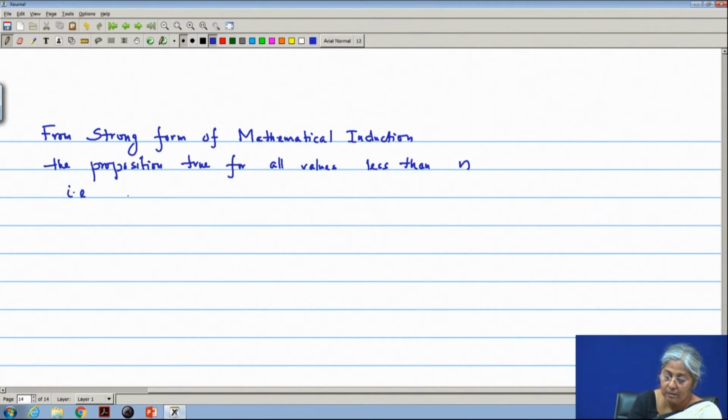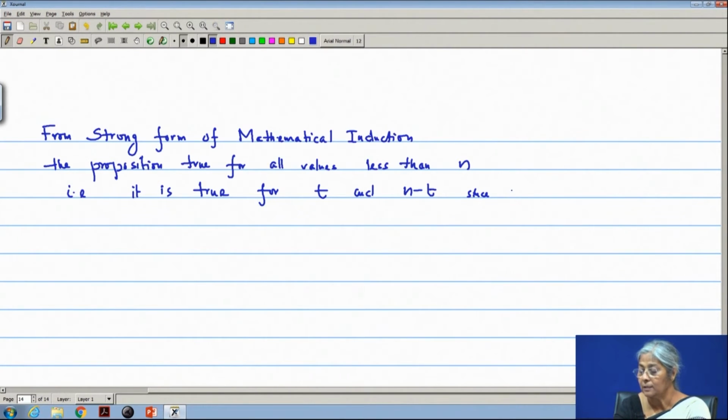That means it is true for t and n minus t, since t is less than n and n minus t is also less than n. Since we have partitioned or inserted the parenthesis, so that t numbers are multiplied in one part and the rest n minus t are multiplied in another part.